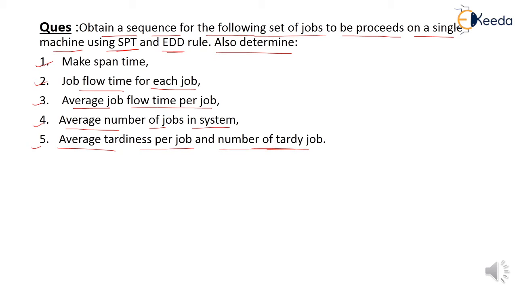Okay students, in the question one table is given in which the processing time and due date corresponding to jobs are given. So first of all we determine the sequencing of jobs with the help of the SPT rule, then determine the make span time, job flow time per job, average job flow time per job, average number of jobs in the system, and so on.